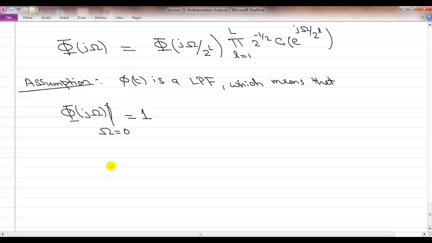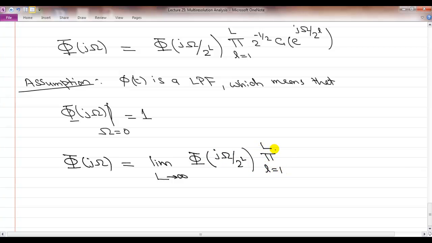So in that case, I can write my phi of j omega as the limit L goes to infinity of phi of j omega over 2 to the L, times the product from L equal to 1 to L of 2 to the minus 1/2 g of e to the j omega over 2 to the L. Now if L goes to infinity, the argument of this thing is going to 0.